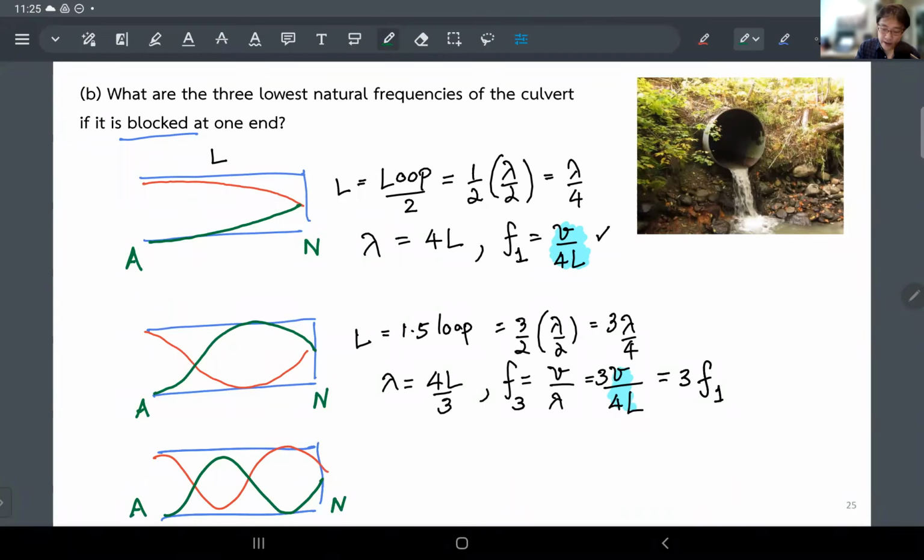And you don't even have to do it one more time, because from the progression of the numbers, you know that the frequency is going to be 5 times the fundamental frequency. You can name this the fifth harmonic or the second overtone. And that's it. You're done.